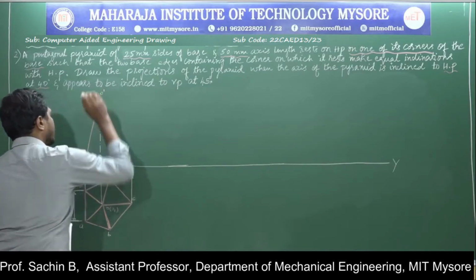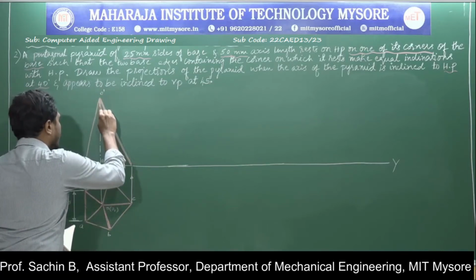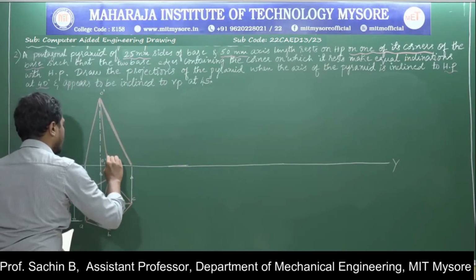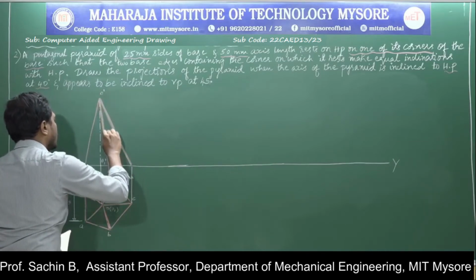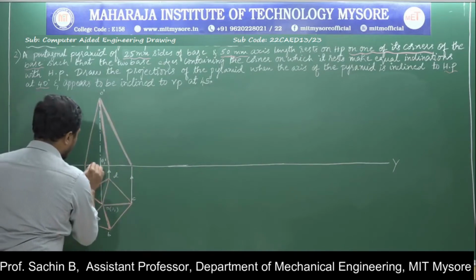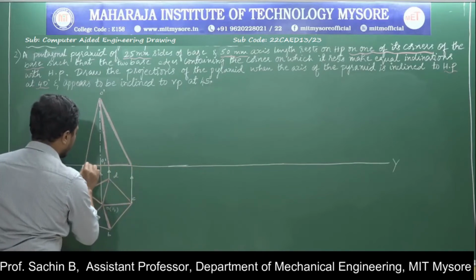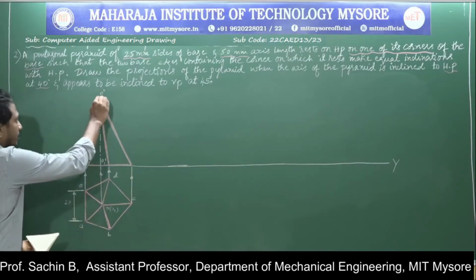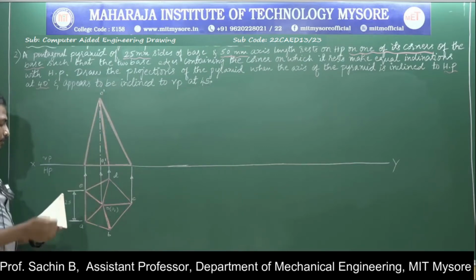Because these are all visible edges, again I will connect from O dash to D dash. Again the base part from the top front view is clearly visible to the observer. Now these are the slant edges that are clearly visible in the front view of the object.